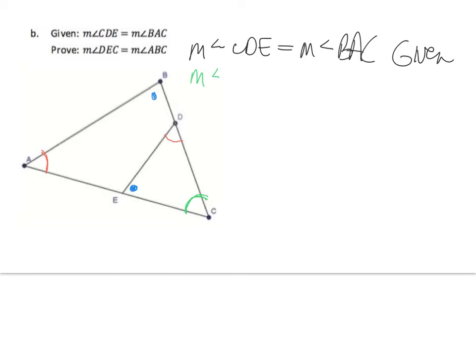Measure of angle BCE is equal to the measure of angle, let's use the small triangle's letters, DCE is equal to the measure of angle BCA. Okay, they're the same angle.